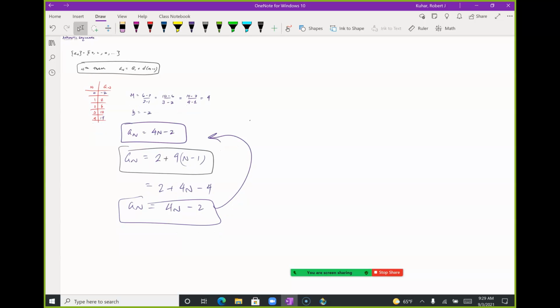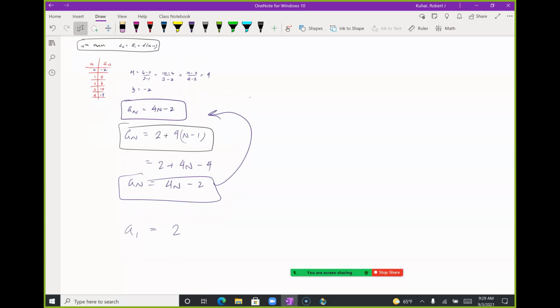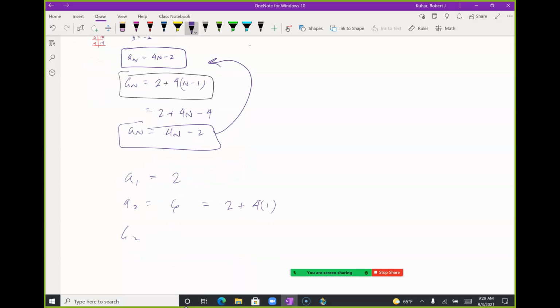So one of the things we might want to do is think about this thing as recursive, right? So a sub 1 we got was 2. Our first term is 2, right? A sub 2 is 6, but we could really write that as 2 plus 4 times the 1. And then look at a sub 3.